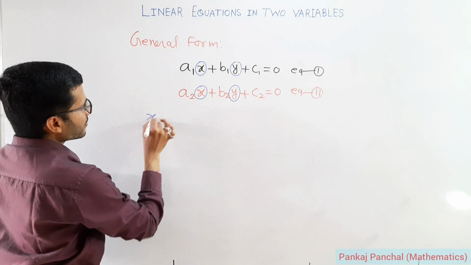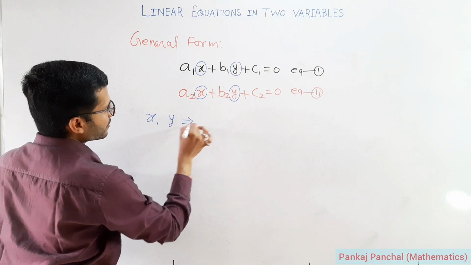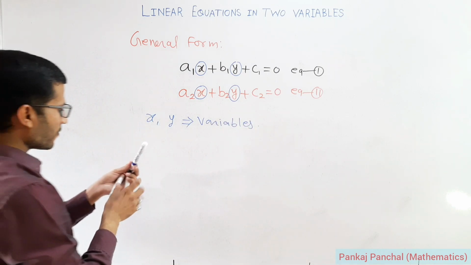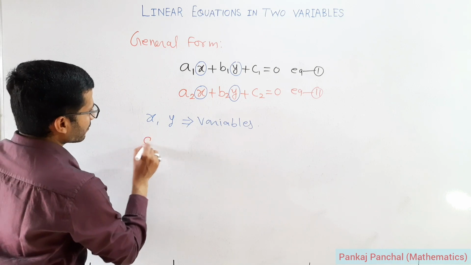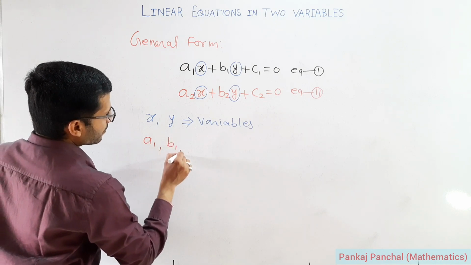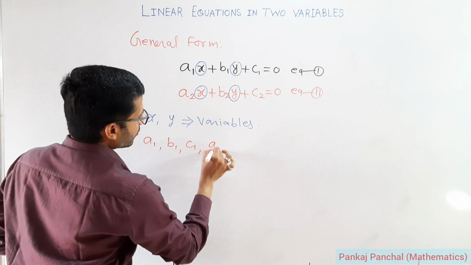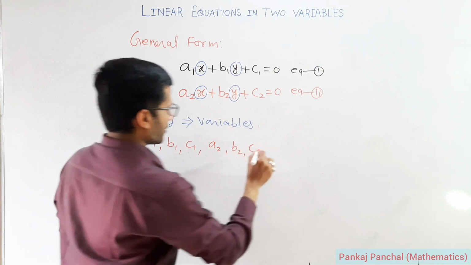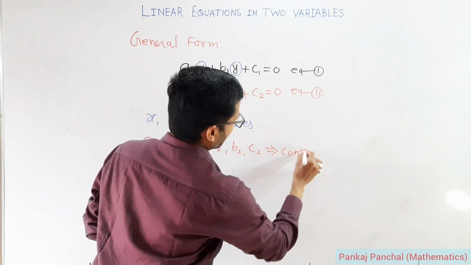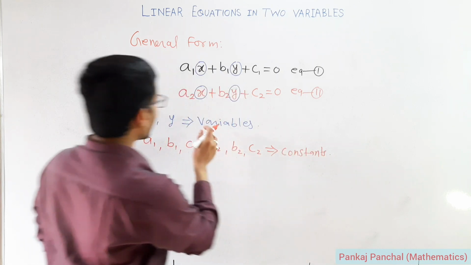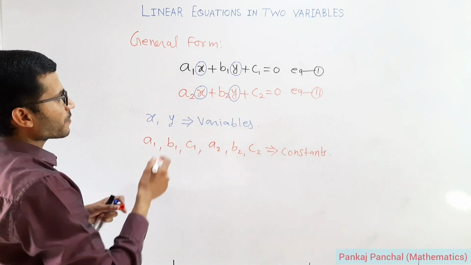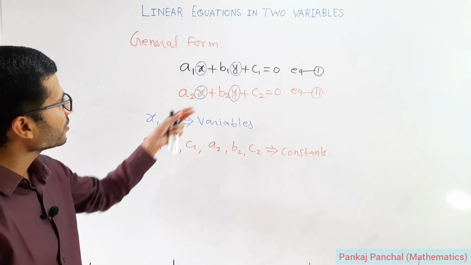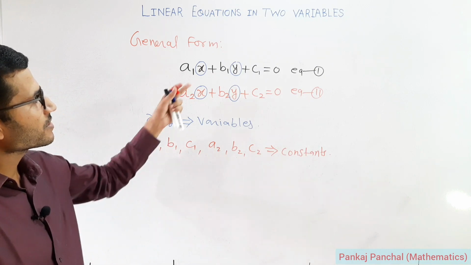So look, x and y are variables, and a1, b1, c1, a2, b2, c2 are constants. So how many variables here? 2 variables, and the highest power of the variable is 1. That is why the degree of this polynomial is 1. That is why we can say it is linear.